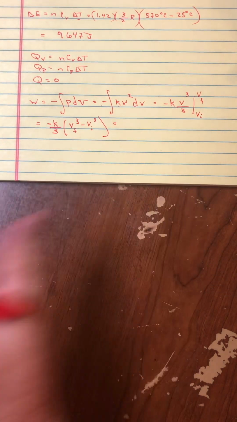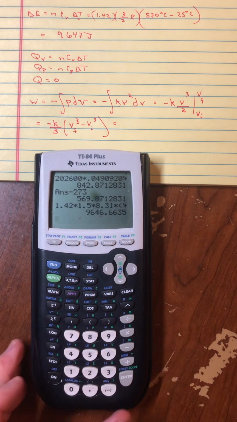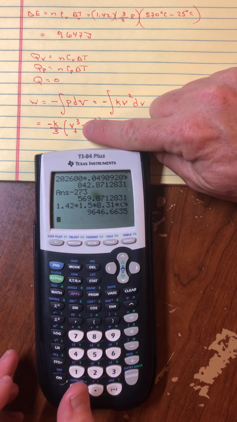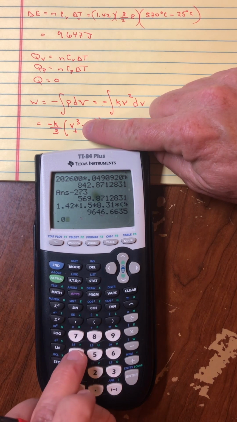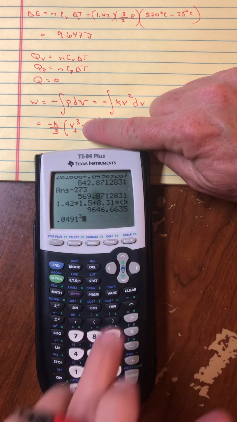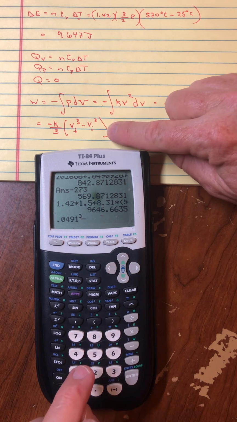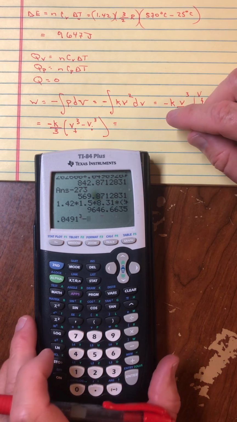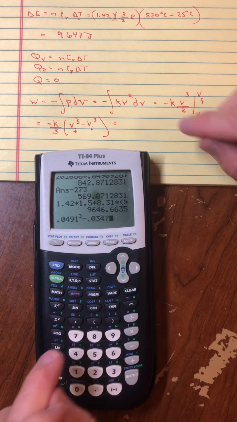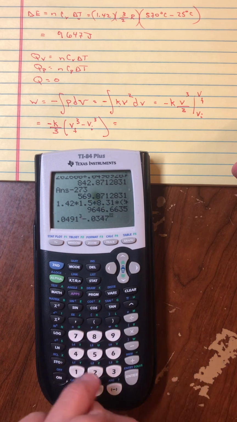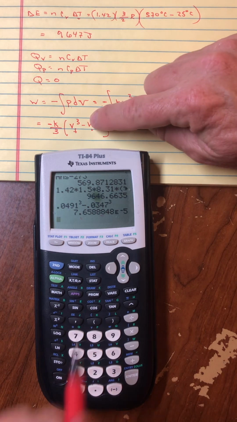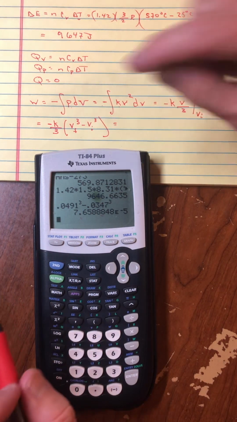And so let me put all of that into my calculator. And maybe I'll do this first. So the final volume was 0.0491, and let me cube it. And then let me subtract the initial volume, which was 0.0347. And then let me cube that. And I'll just hit enter there and get that in parentheses here.